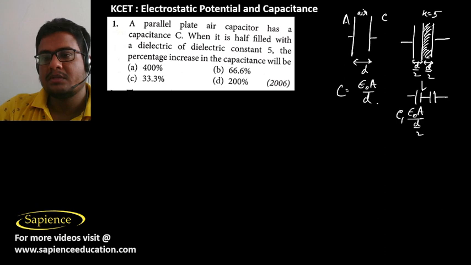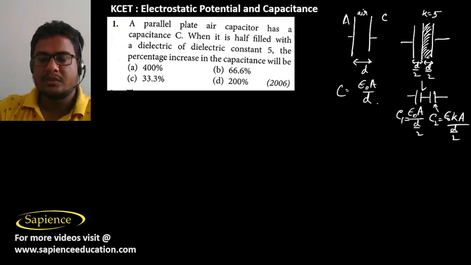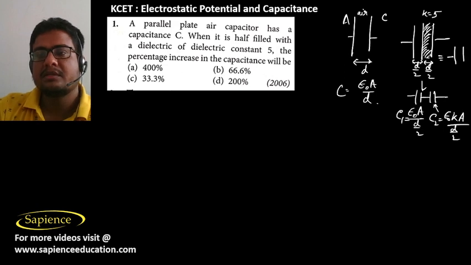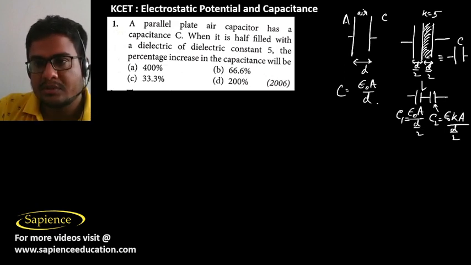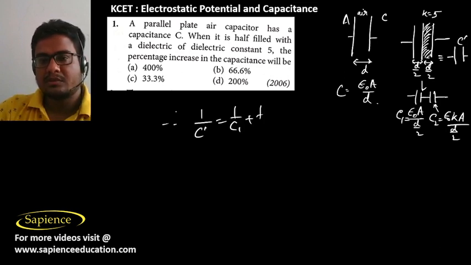This is C1 and this is C2, epsilon naught K A by D by 2. Therefore, we can convert this into one single equivalent capacitor, capacitance suppose C dash. For that, 1 by C dash will be equal to 1 by C1 plus 1 by C2.